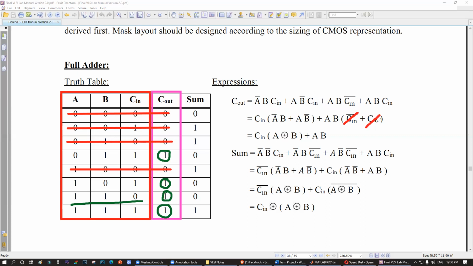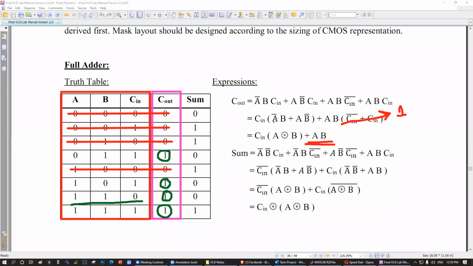So C in bar plus C in become 1. Not cancel out, they become 1. So AB into 1, that is what? Only AB, right?